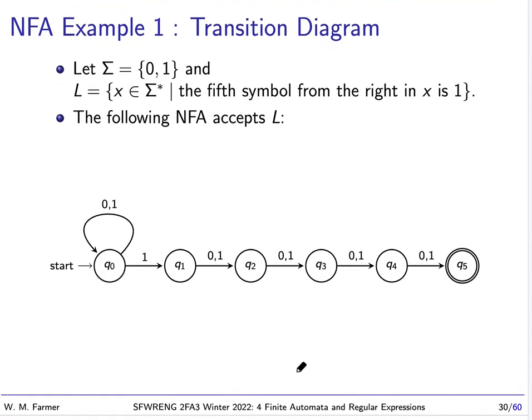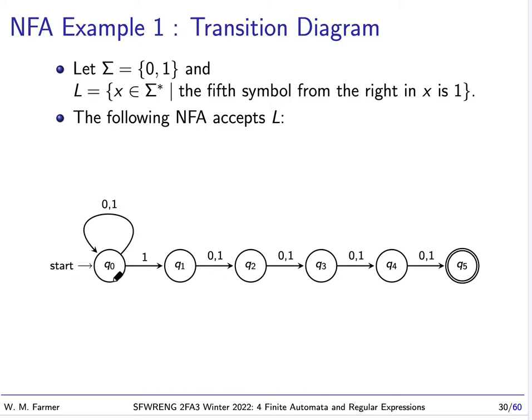Let's look at an example. Here's a transition diagram for an NFA, and it accepts the language where the fifth symbol from the right is a 1. The way it works is you start off in Q0, and you can read as many zeros and ones as you like.